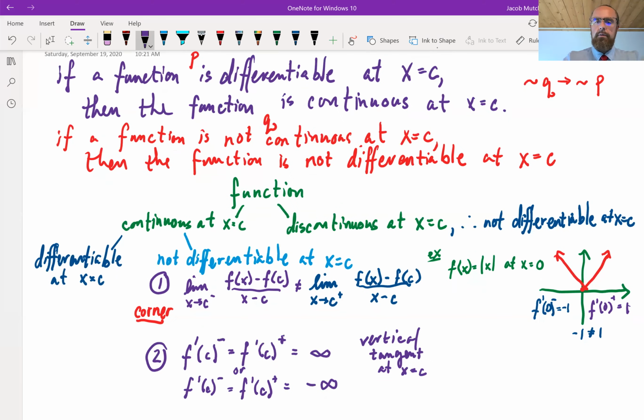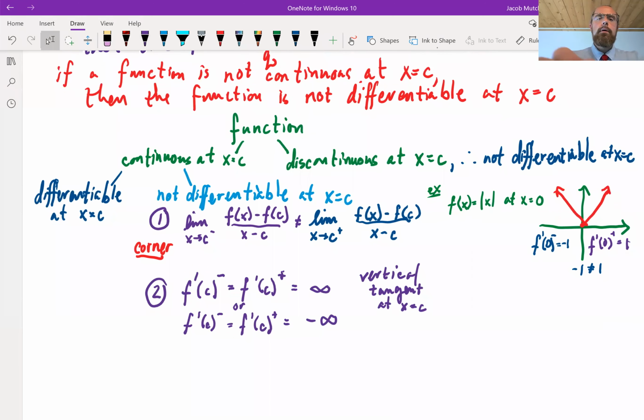And that, if we think about an example, would look something like this.